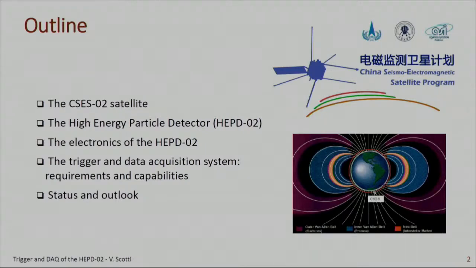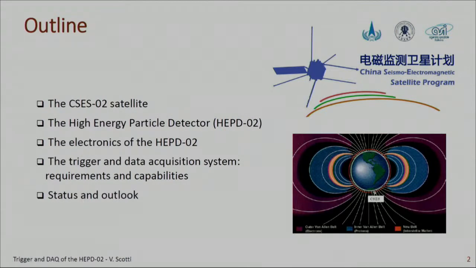The China Seismo-Electromagnetic Satellite program has been developed to study ionospheric perturbations related to earthquakes. I will first introduce the second satellite of this program, which foresees a constellation of satellites.